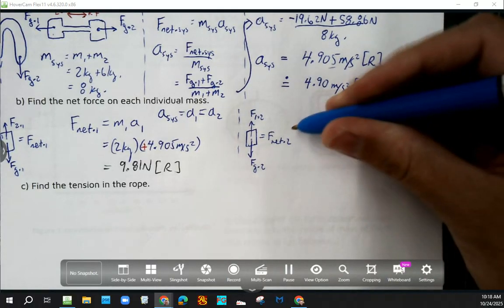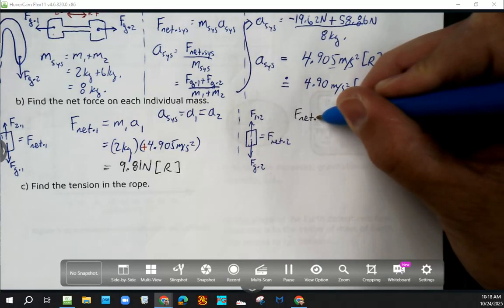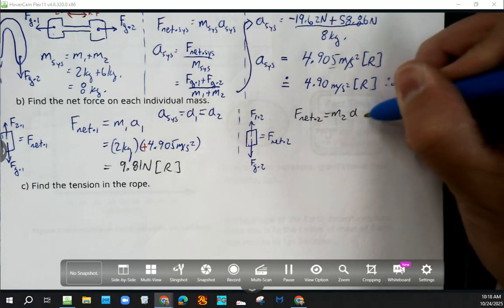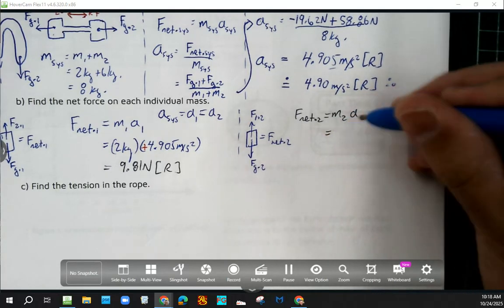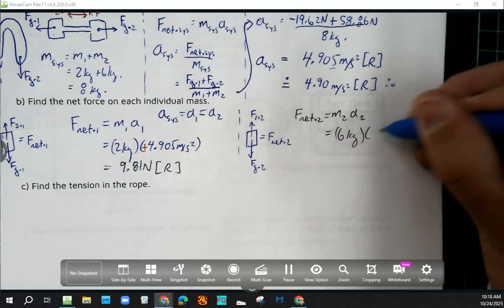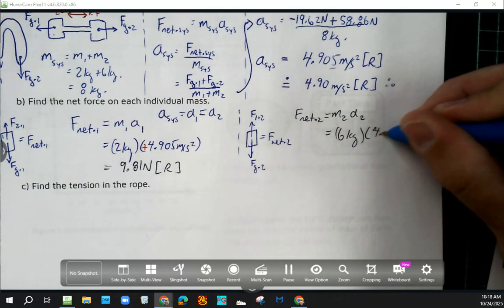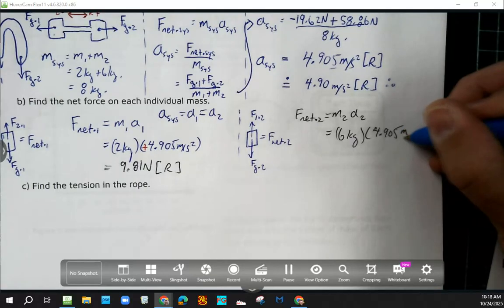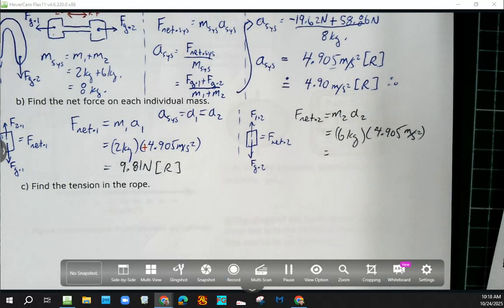Go over to this guy over here. We say, all right, well, we could use the free body diagram, or we could say Fnet 2 is equal to mass 2 times acceleration 2. And we know acceleration 2, we know mass 2. Mass 2 is equal to 6 kilograms times 4.905 meters per second squared. And 6 times 4.905, somebody help me out. 29.43.